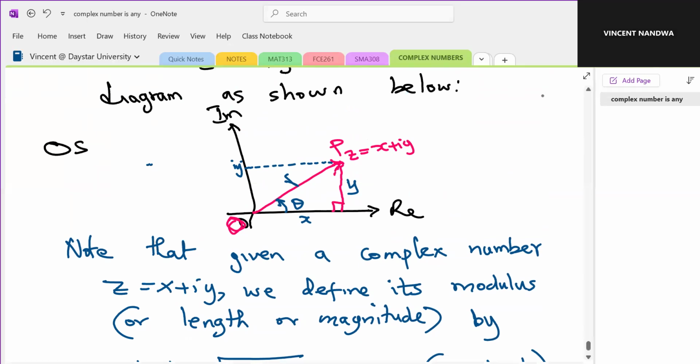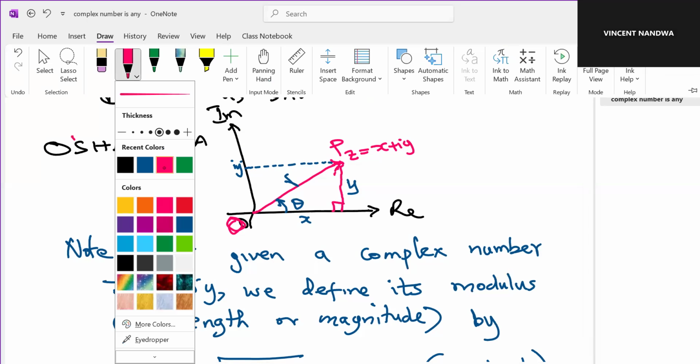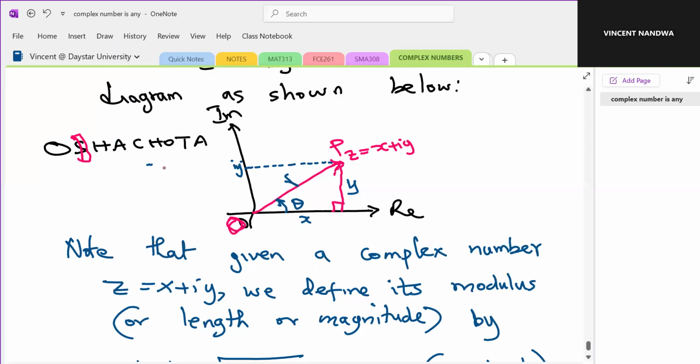So from SOH CAH TOA, we know that SOH CAH TOA is simply an acronym to help us remember the trigonometric ratios in a right angle triangle, where S means sine is opposite over hypotenuse.